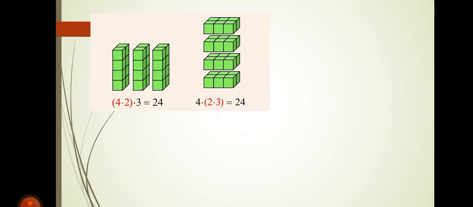Now we are regrouping it in such a way that there are 3 cubes in front and 2 at back. So 3 times 2 is 6, and such 4 rows are there. So 6 times 4 is 24. So regrouping in multiplication also doesn't change the answer.